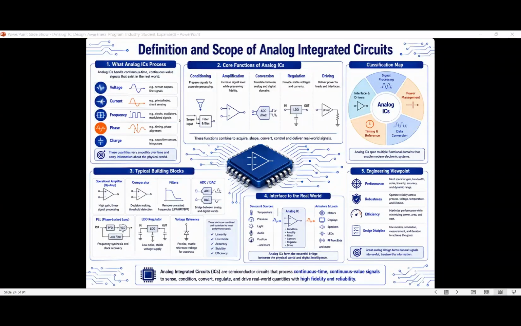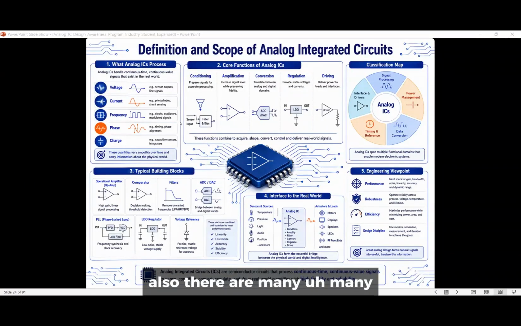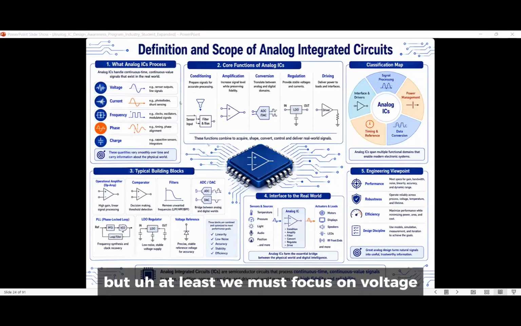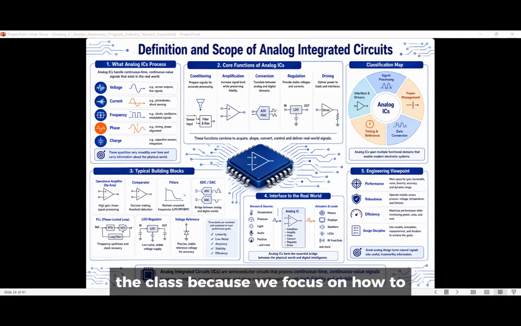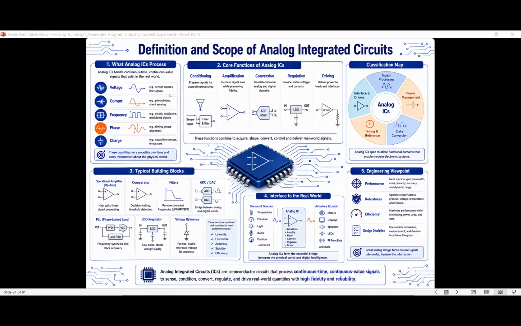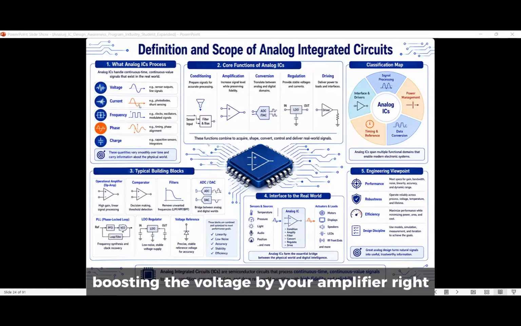Also, there are many aspects here we can discuss during our lecture, but at least we must focus on voltage. Voltage is more important during the class because we focus on how to boost the voltage with your amplifier.